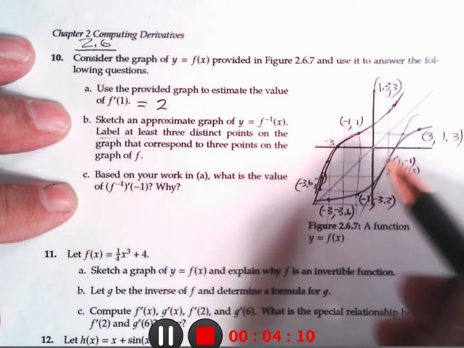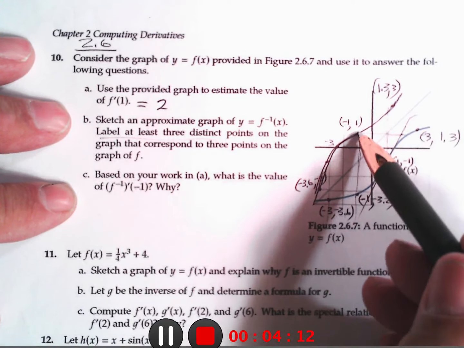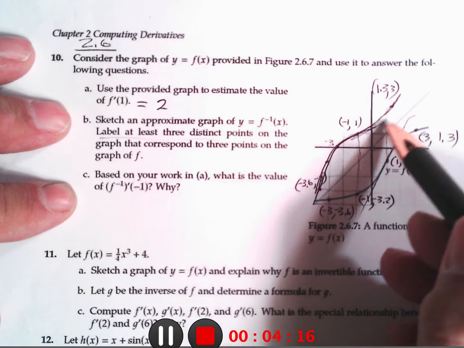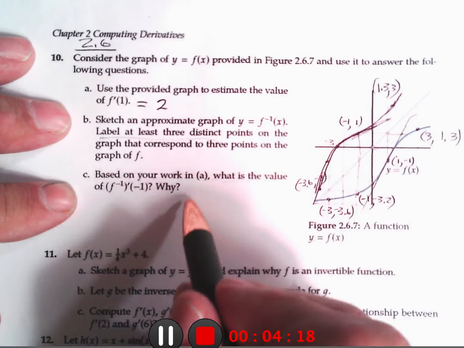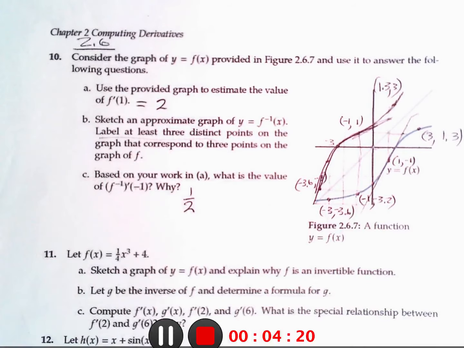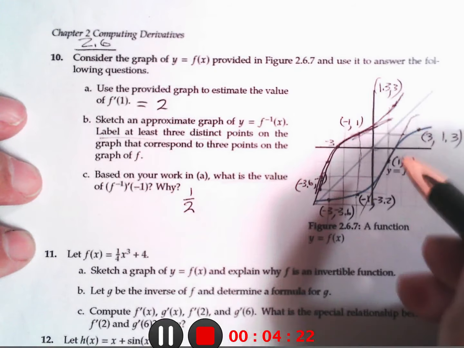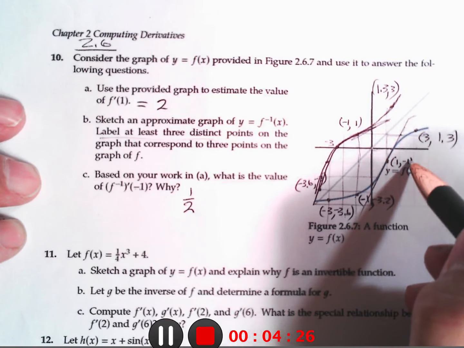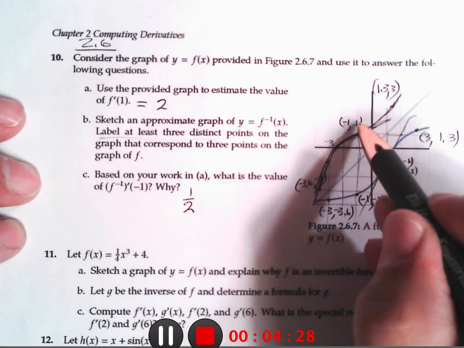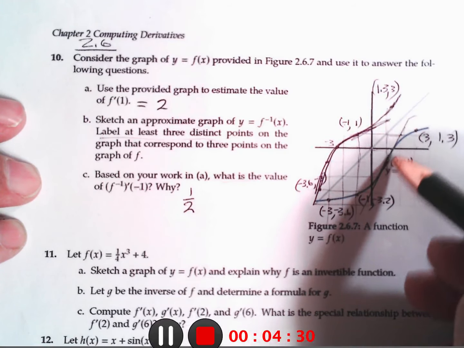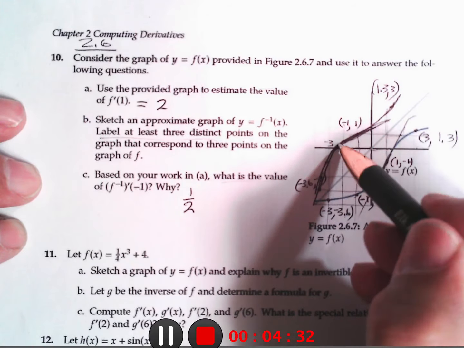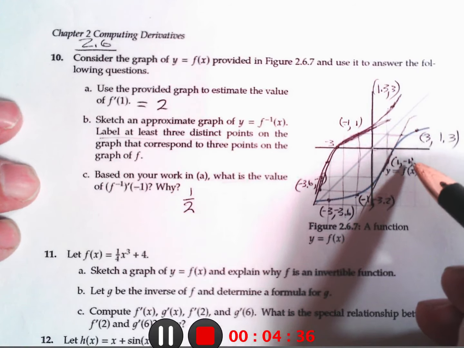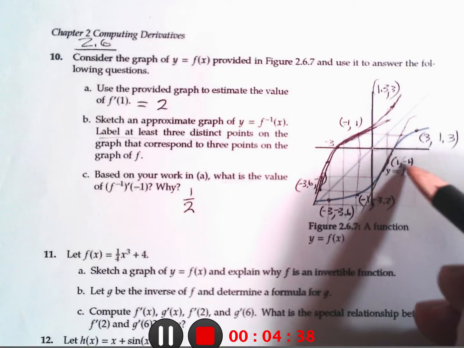Well, that's the slope here. It looks like it's 1/2 from the graph, but we also know if the point here was 1, negative 1, and its inverse place is negative 1, 1, the slope at A is equal to the reciprocal of the slope at B at negative 1.